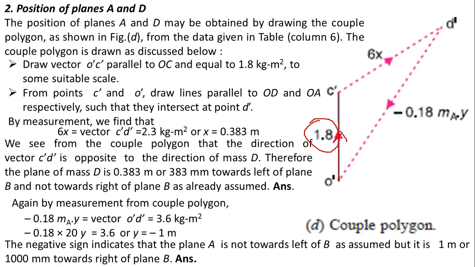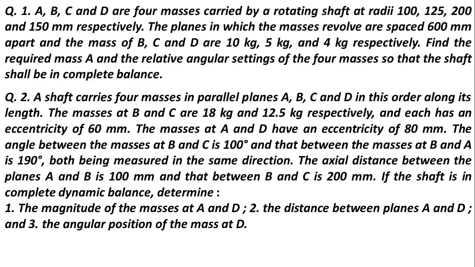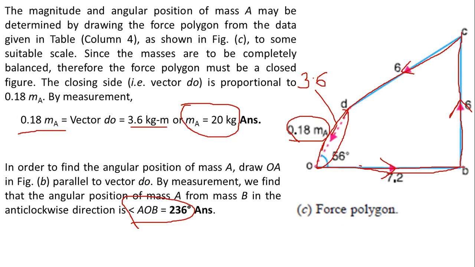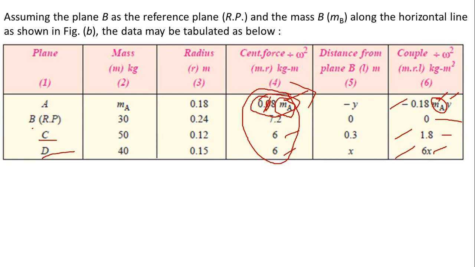Then, apart from 1.8, other values are not given, right? Then how will you solve it? Only 1.8 is given, the other things again are in the form of X and Y. So how will you solve it?